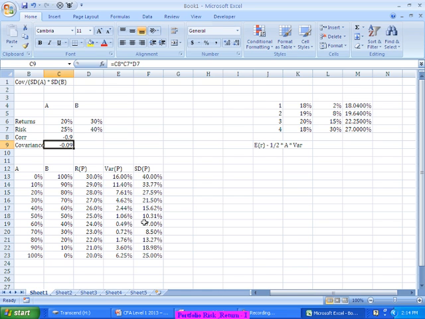You create the combinations in such a way that the correlation between them is so negative, the risk comes down drastically without compromising on the return. Identifying such securities and such transactions is the key role in case of a hedge fund.